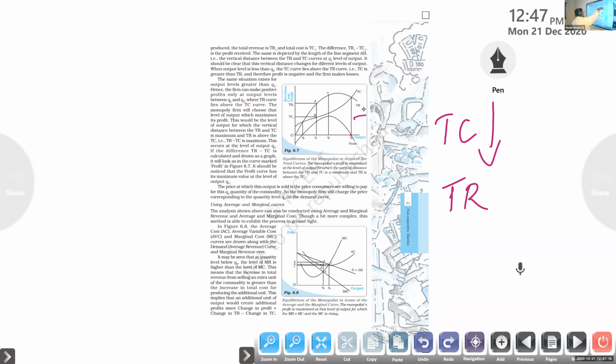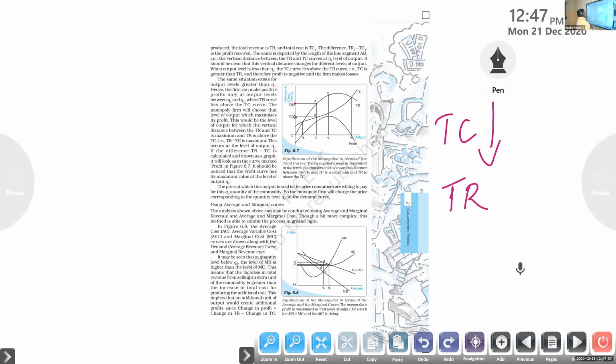Again we are going to analyze this entire graph. Moving forward, the total revenue is TR1, and the total cost spent by the firm is TC1.